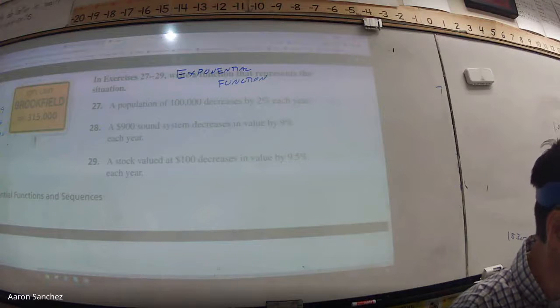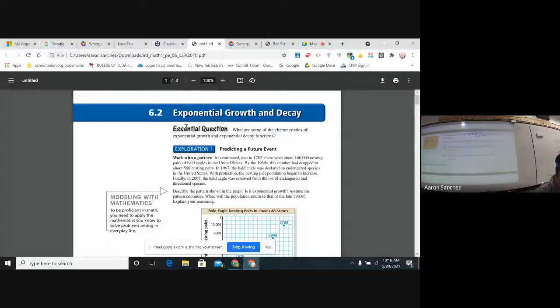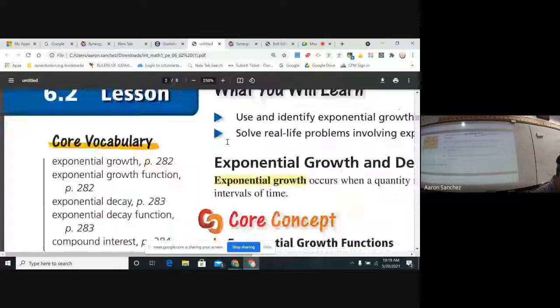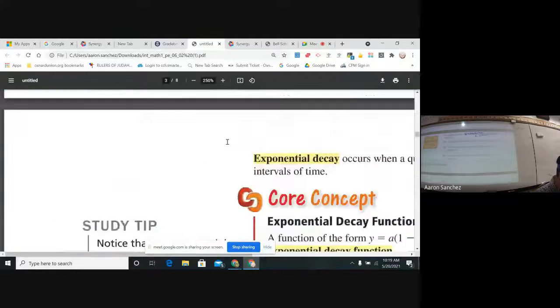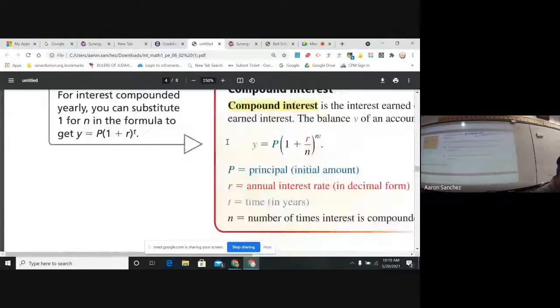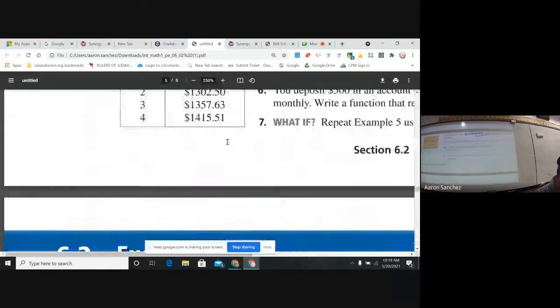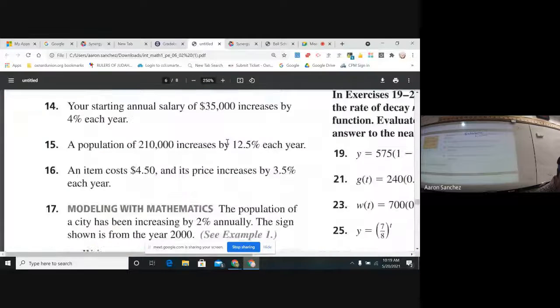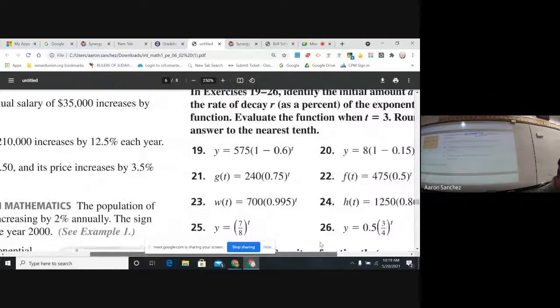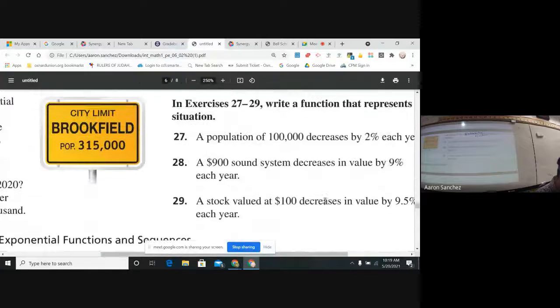So here we go. Number 29, you want to write an exponential function for this.